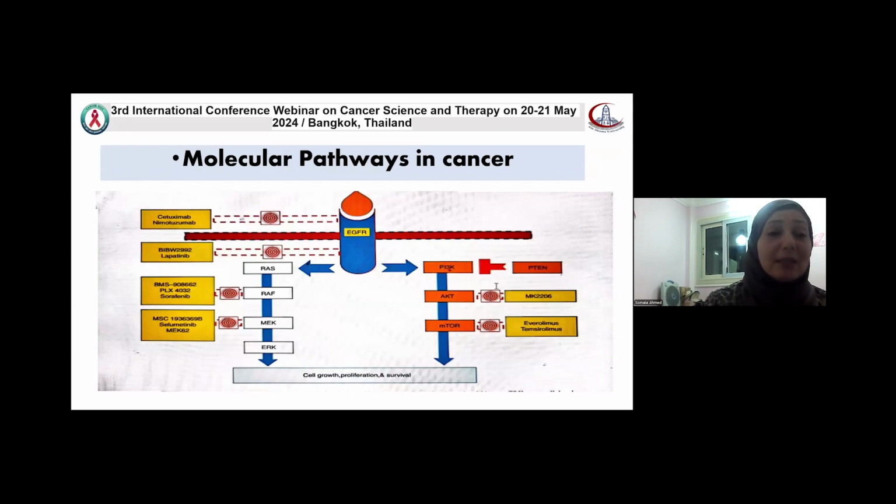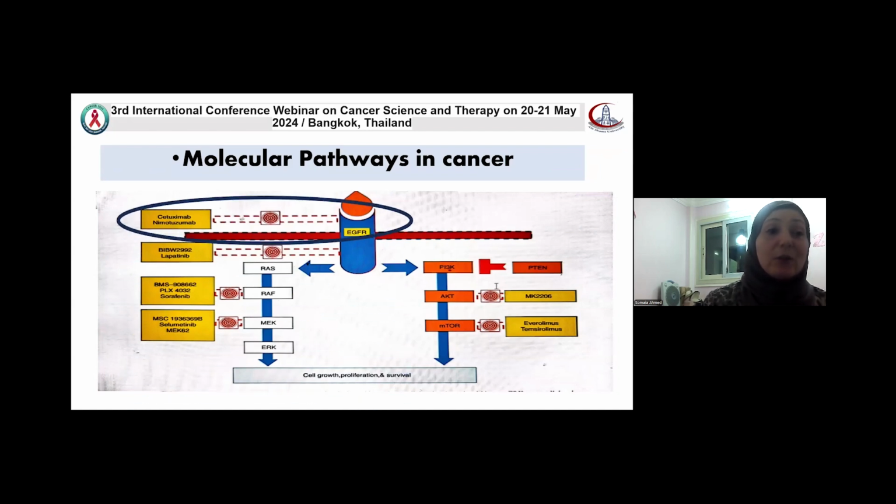Nowadays, we have many targeted therapies in use. You know that targeted therapy is much better than chemotherapy, although it is used till now in end-stage disease, because it can be given orally and has fewer side effects. I think it's still very expensive, but it's very important.